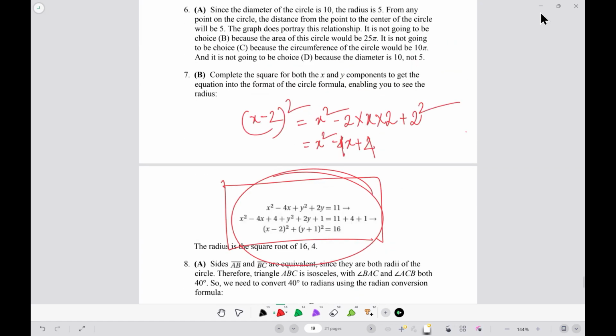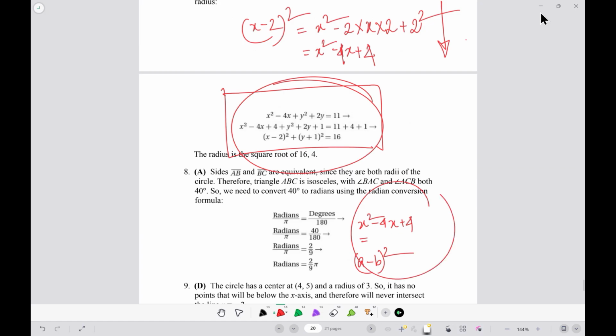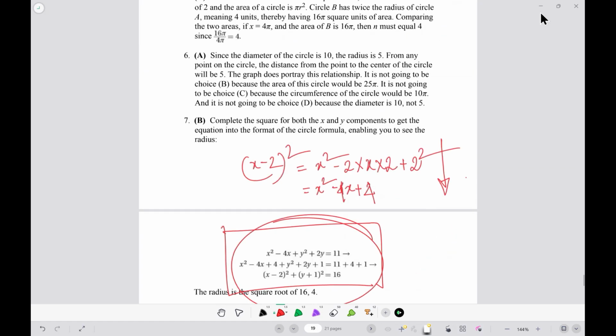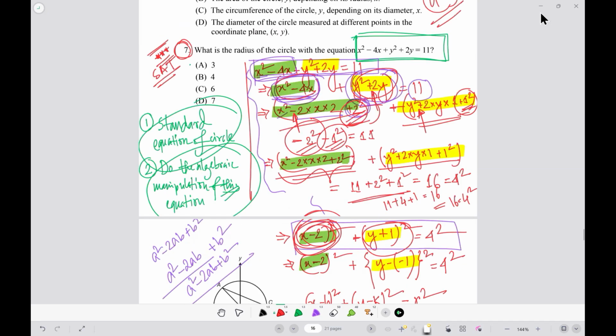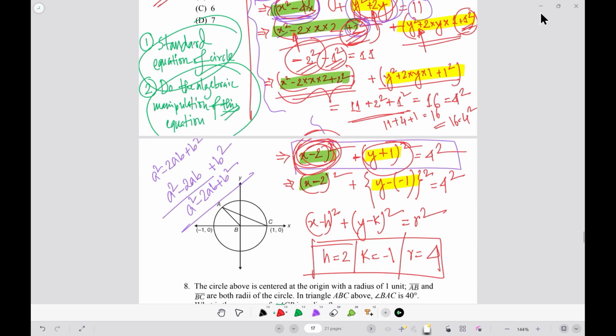Here we just go from the upwards to the downwards. In this thing, we just need to go from the downwards to the upwards, right? The back calculation. And this is what we are doing here. We can just write this x minus 2 whole square term by doing this back calculation.